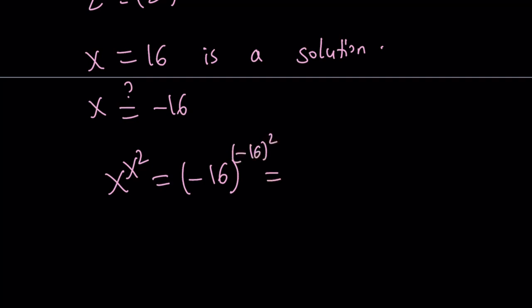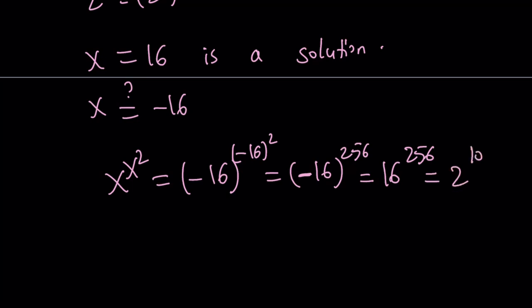And that is 256. And now, since we have a negative base and an even exponent, this is going to turn into a positive number. We can write this as 16 to the power 256, and that is 2 to the power 1024, because 16 is 2 to the 4th, and if you multiply 256 by 4, you're going to get 1024. So negative 16 also works.